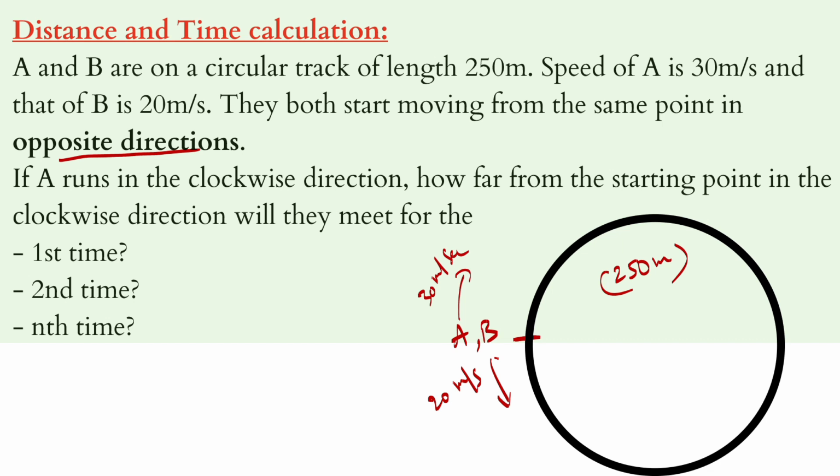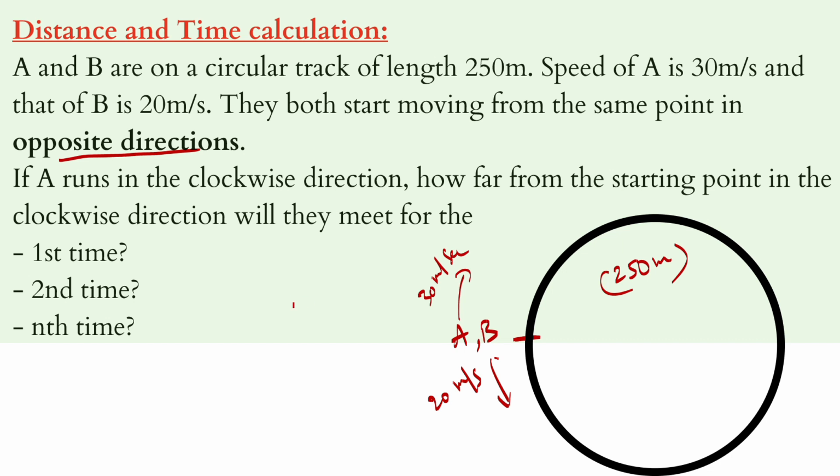We must add those speeds, because it's like the train concept. If two trains move towards each other, then we add the speeds of the trains. In the same way on a circular track, when two bodies move in opposite directions, the speeds get added, right?